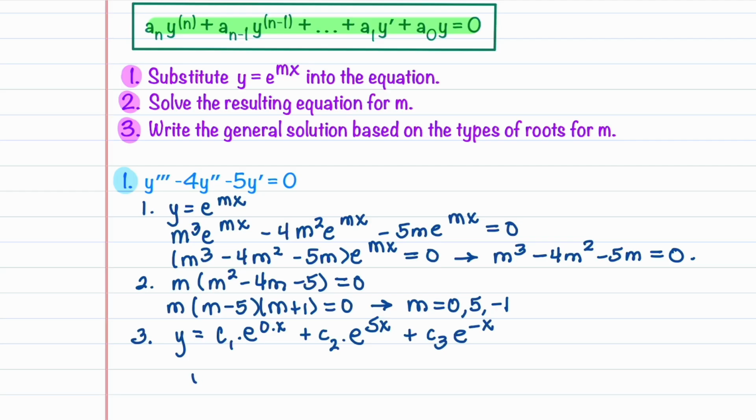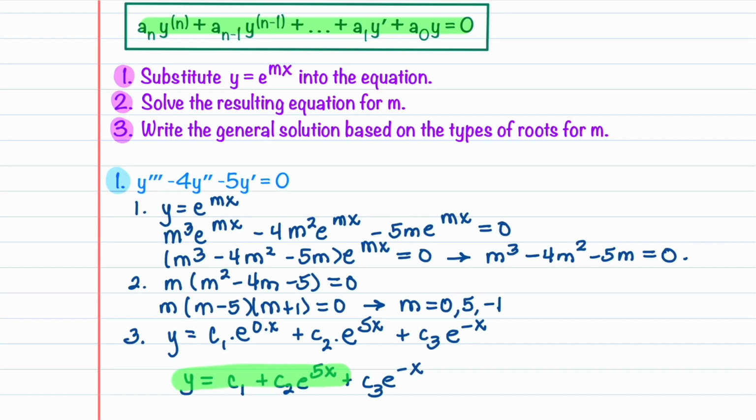This gives our general solution: y is equal to c1, because e to the 0 is 1, plus c2 e to the 5x, plus c3 e to the minus x. And there's our solution.